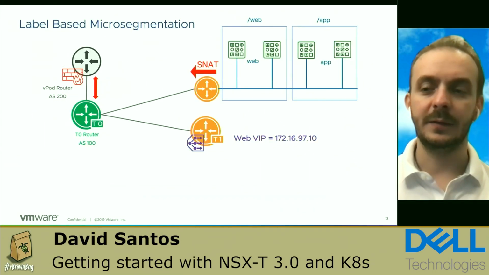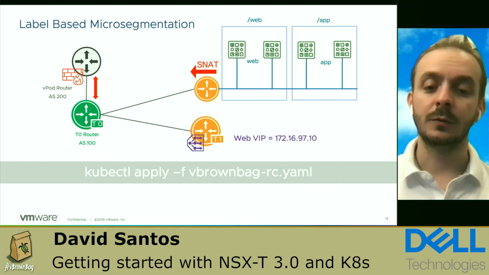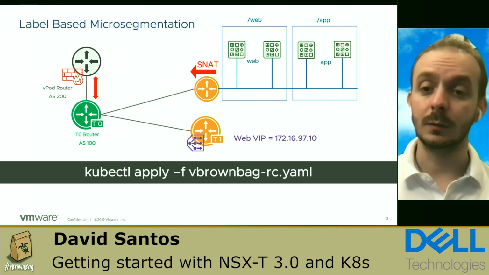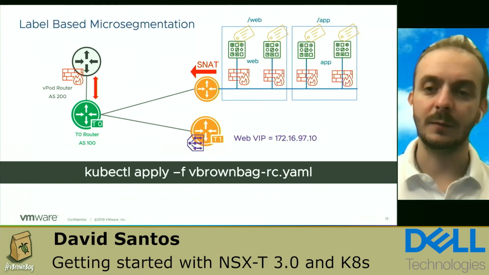The next and last step for this demo is the microsegmentation. So based in the labels, we're gonna provide the security for the environment. We're gonna take a look in our configuration file, in the Replication Controller YAML file, and then we can see that all the labels have also been applied to the pods.